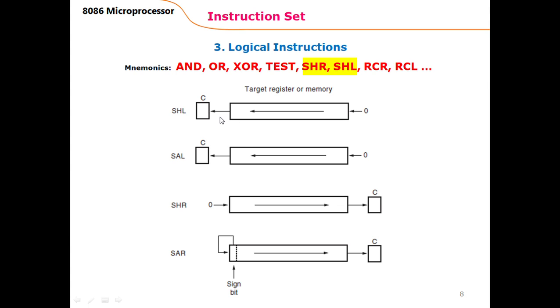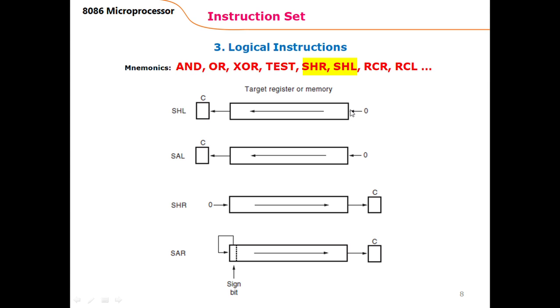We will see some examples, but first we have to understand how the positions of these bits are changed when the shift right instruction is used and when the shift left instruction is used. With logical shift left and arithmetic shift left, each time the value in the register or memory is left shifted by one place.